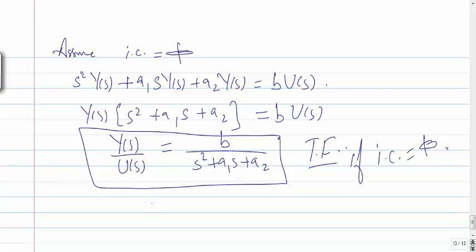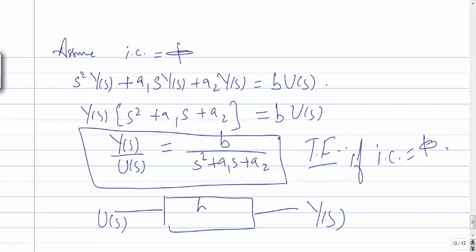In other words, we have input U of s and we have output Y of s, and this is the transfer function here, s square plus a1 s plus a2. The transfer function we normally represent as G of s, that is equal to b divided by s square plus a1 s plus a2.